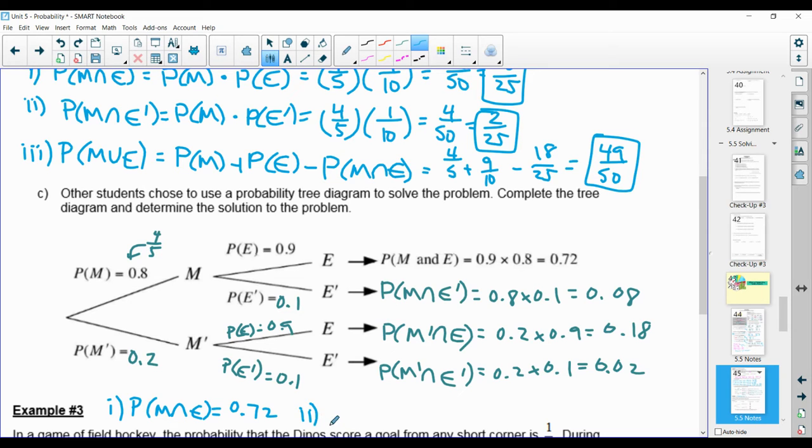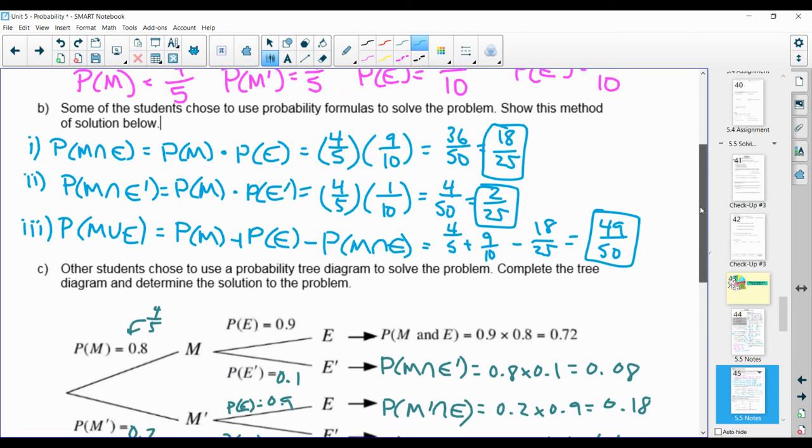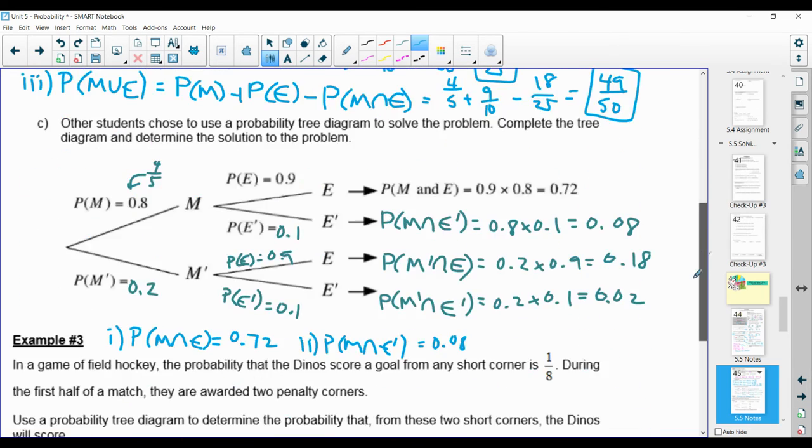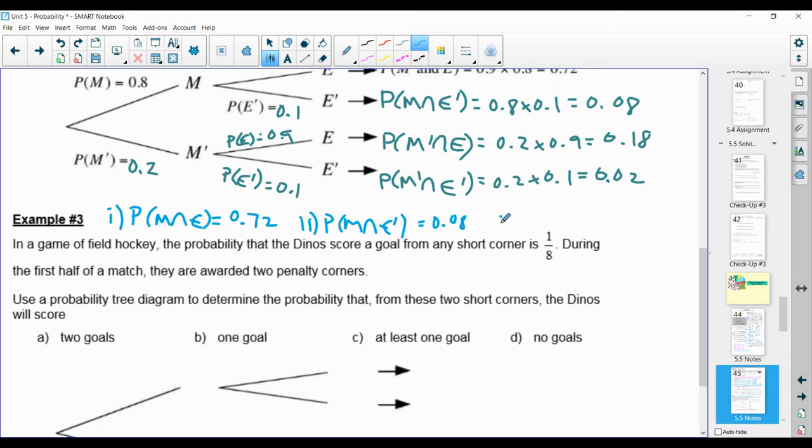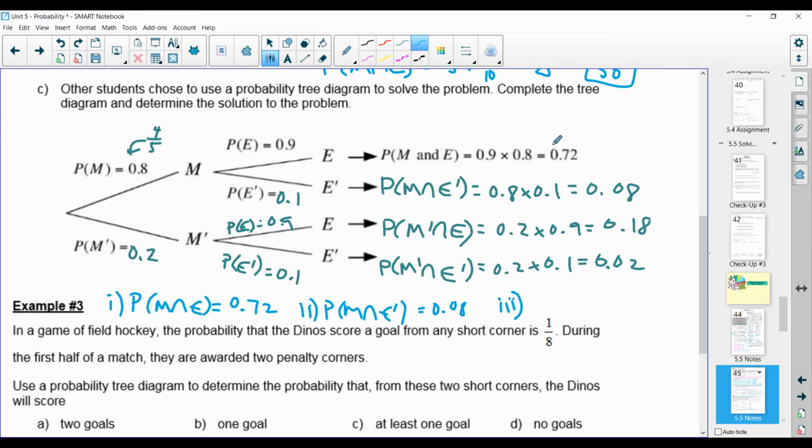For the next question, we were looking at the probability of passing math and not passing English. Well, that's on our chart already, it's 0.08. And the last question was asking us the probability of passing math or English. Well, if we look those up, all of the places where we pass math or English would be here, or here, or here.